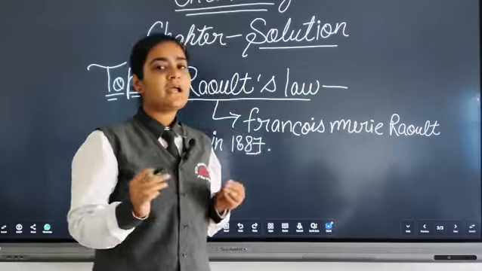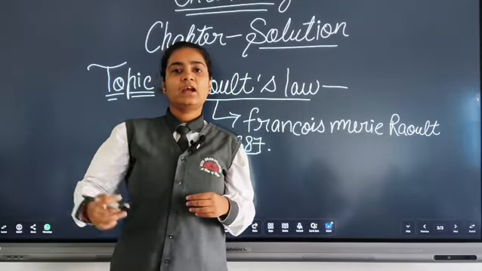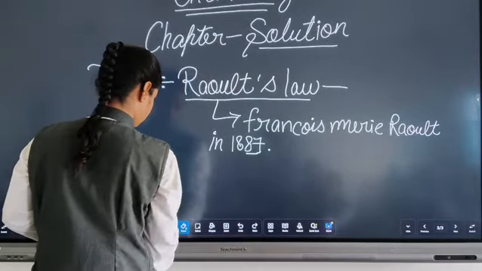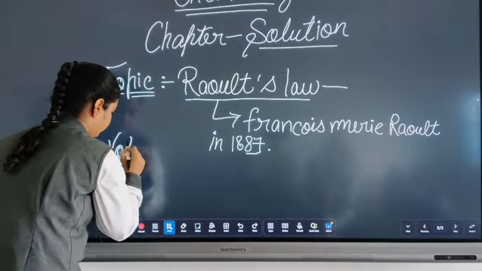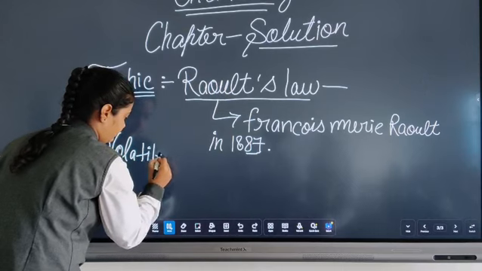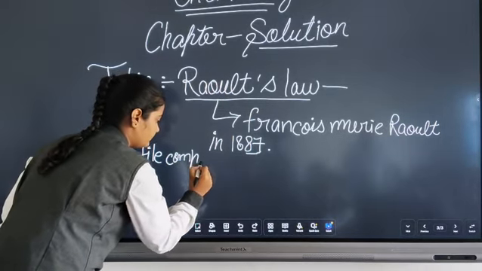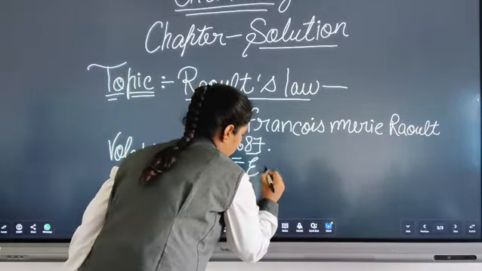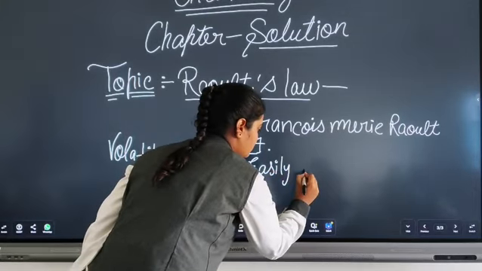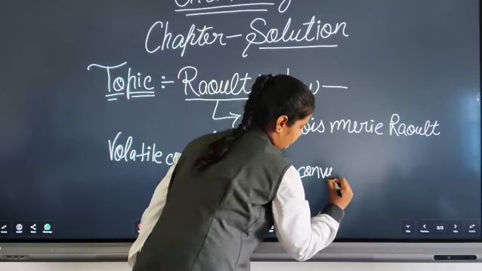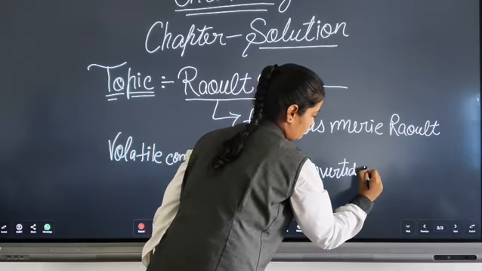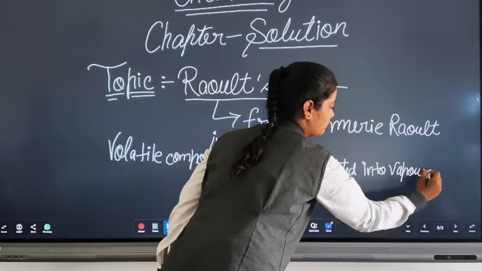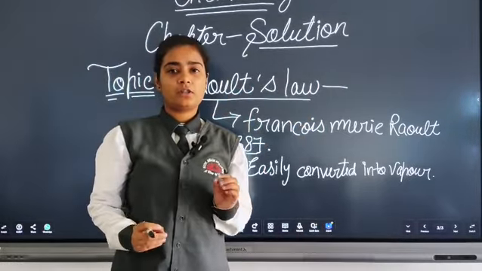What is a volatile component? A volatile component is a type of component which gets easily converted into vapor. This law is only applicable to volatile components.